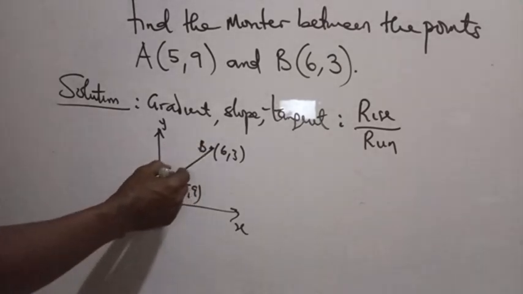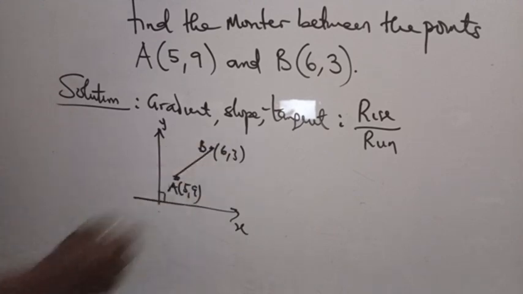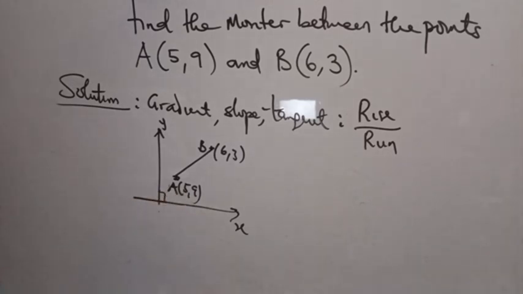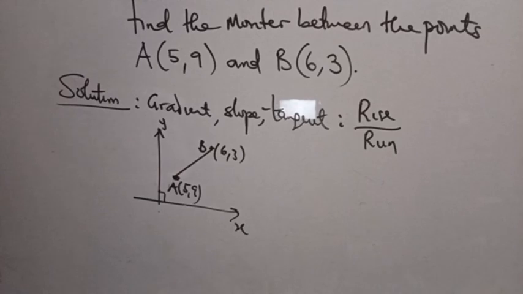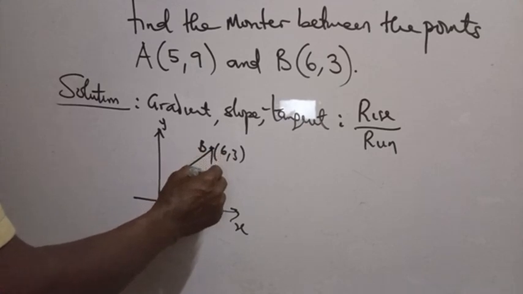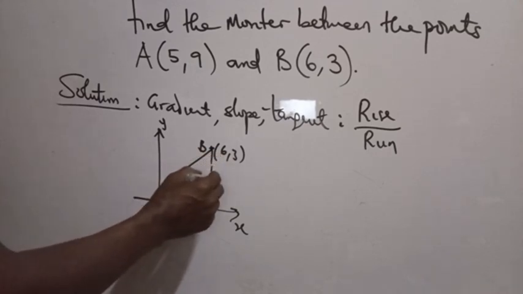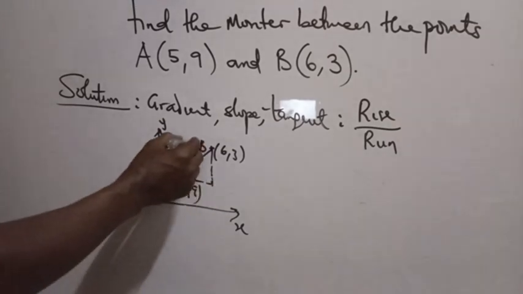is going to be taken, that is the distance between A and B, is going to be gotten from the distance formula between 2 points. So invariably, what we are asked to find is the change in y all over change in x, which is called what?